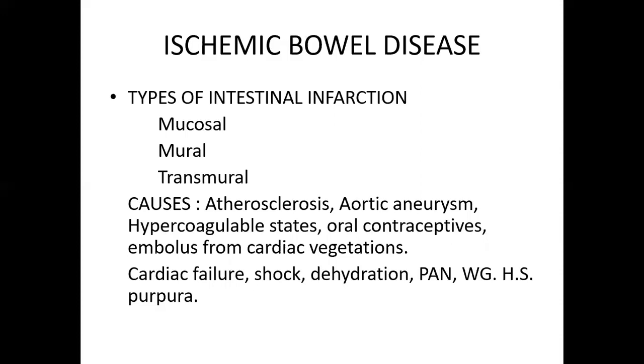Then there are certain generalized conditions which can lead to intestinal infarction, that is cardiac failure, shock, dehydration, then vasculitis, that is polyarteritis nodosa, Wegener's granulomatosis, and Henoch-Schonlein purpura. So all these can lead to infarction of the intestine.